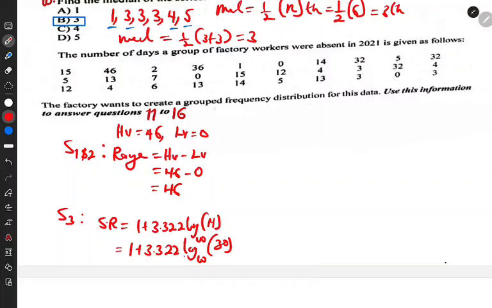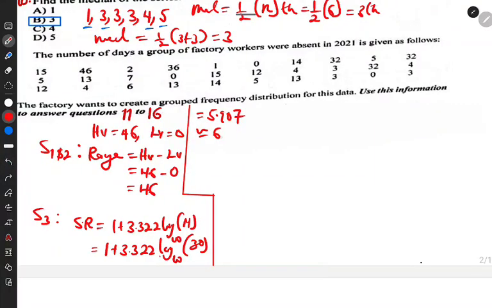You can clearly say that we have our Sturges' rule to be equal to 5.907. You can confirm with your calculator. But rounding it to the nearest whole number, we can say we have 6. Mostly for Sturges' rule, you round it to the nearest whole.